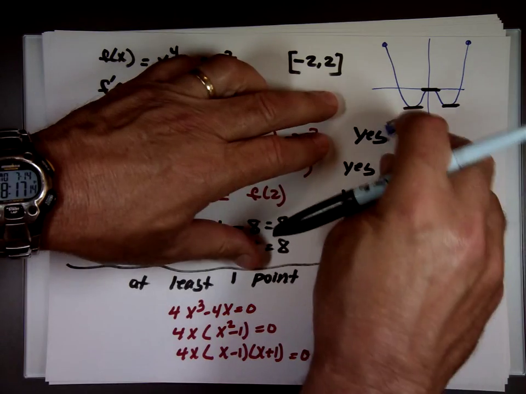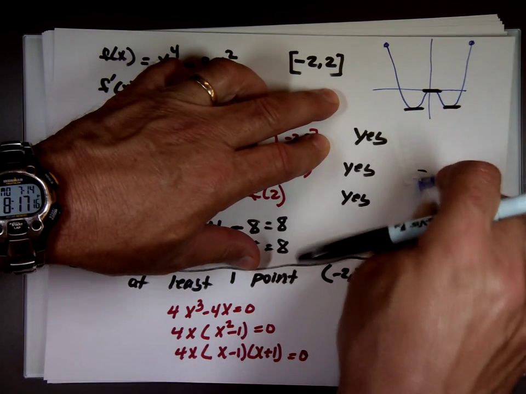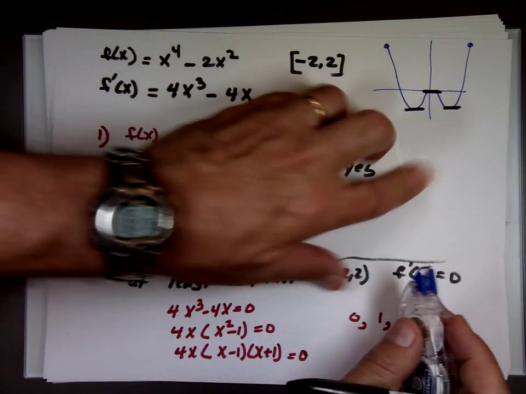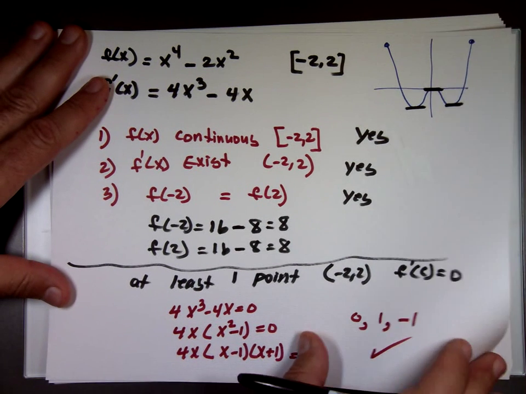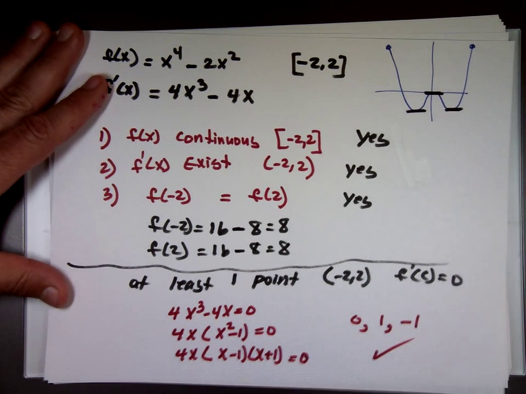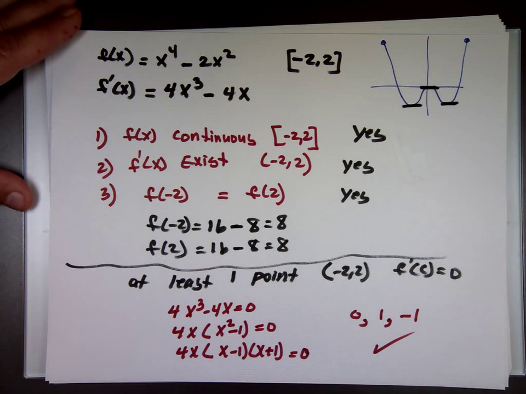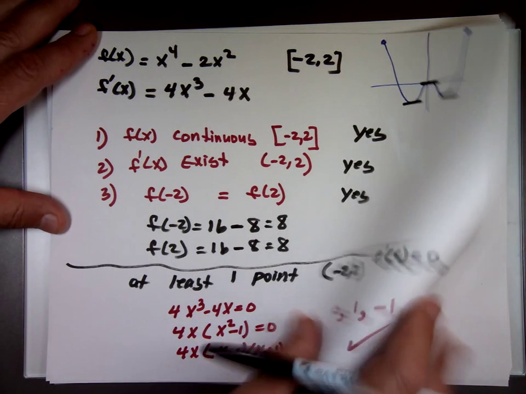So you can't have a v in the graph, not in this one. So that's Rolle's theorem. Now the mean value theorem, which is another page, and we're done for tonight. The mean value theorem.